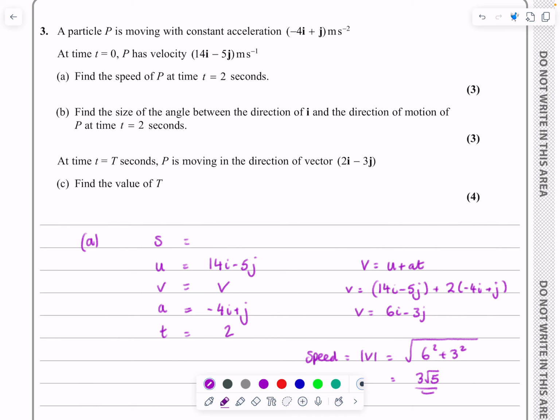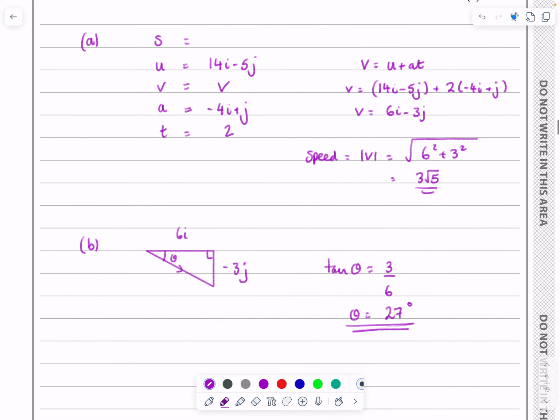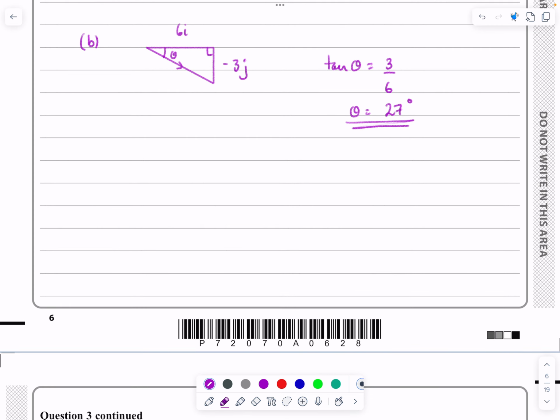And then part C says, at time t equals T, it's now moving in the direction 2i minus 3j. Can we work out what the value of T is? If we've got that situation, yeah, absolutely, we can go ahead and do that. It's going to be suvat again, isn't it?